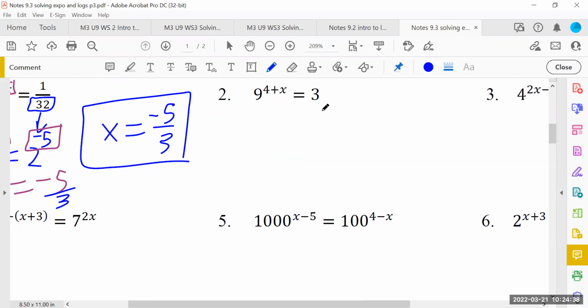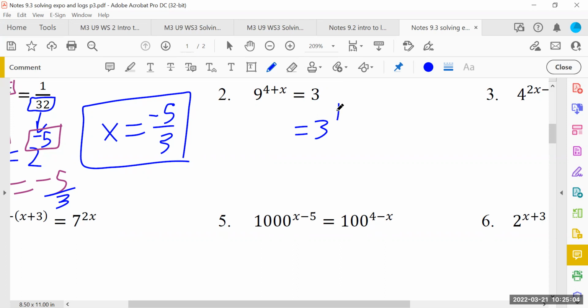Next one. Number 2. 9 to the 4 plus x equals 3. Okay. I can't do anything with that 3. It doesn't break apart. I can, though, explicitly say that it has an exponent of 1. Does that make sense to everybody? That 3 is 3 to the 1st power. So then I better hope that the other side can be 3 to a power, or I can't solve this right now. 9, can I write 9 as 3 to a power?